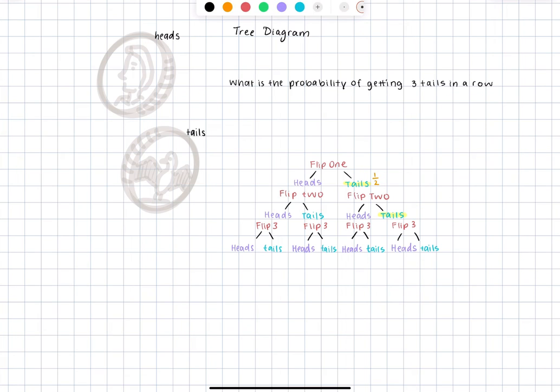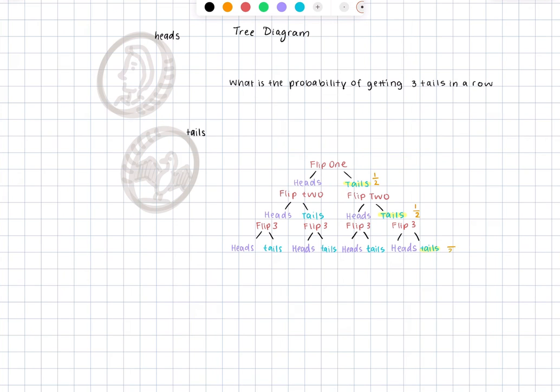Well, again, we have 2 options, and only one favorable outcome, which is tails. So 1/2. And then here I have, let's say for flip 3, I get tails again, because that's what our question is saying, tails again.